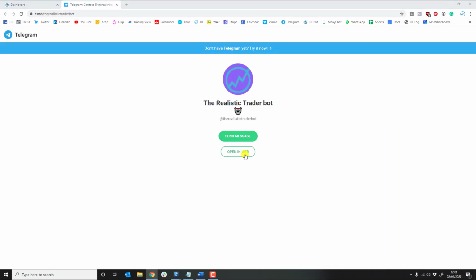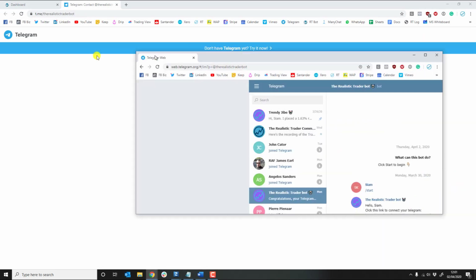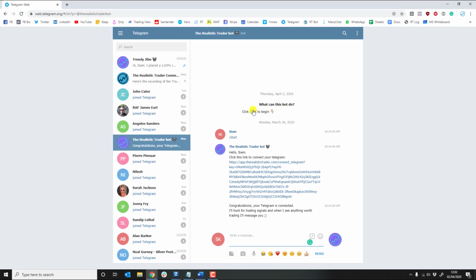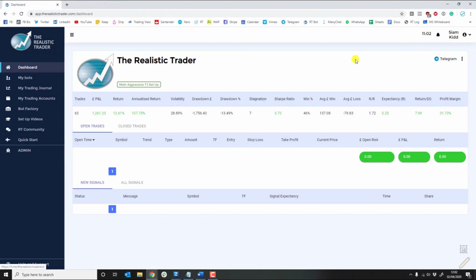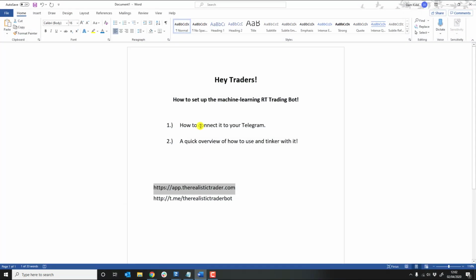And if you're having trouble with the web bit, just send a message and then check on your mobile phone for this message. Look out for the Realistic Trader bot. That's what you need to look out for. And then once you've done that, you are all connected, and it will say connected. So that's the first one.